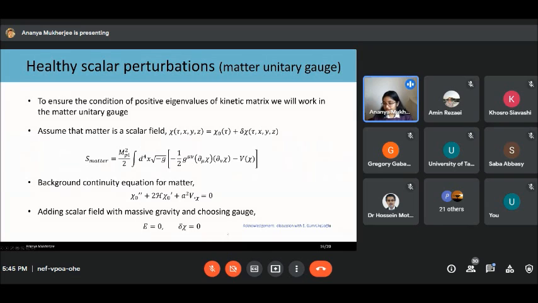Also here, I would like to acknowledge that we had significant discussion with Dr. Gundusulu for this matter field.